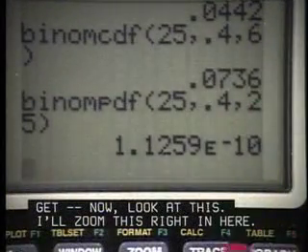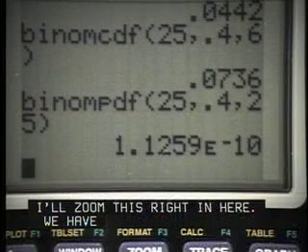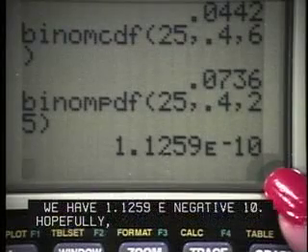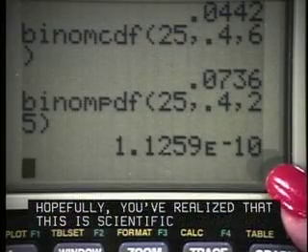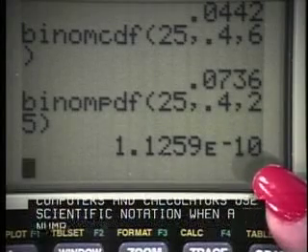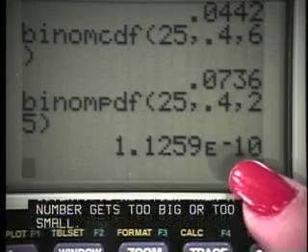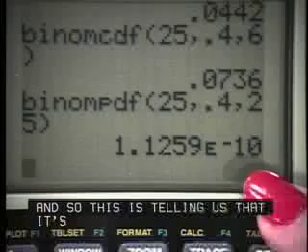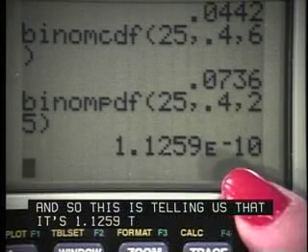We get, now look at this, I'll zoom this right in here. We have 1.1259 e negative 10. Hopefully you've realized that this is scientific notation. Computers and calculators use scientific notation when a number gets too big or too small. And so this is telling us that it's 1.1259 times 10 to the negative 10th.